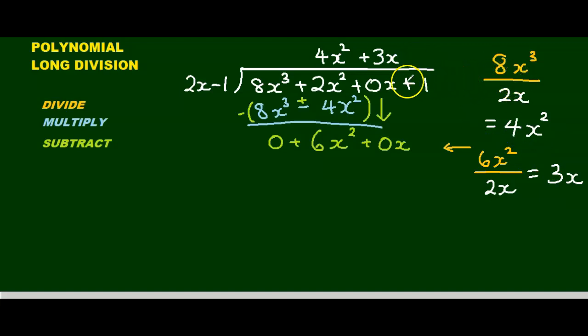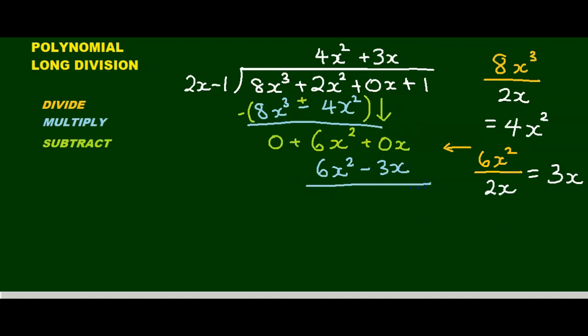Now, we're going to multiply. So 3x times 2x gives me 6x squared. We're happy because these are going to cancel out when we subtract. 3x times negative 1 gives me negative 3x.